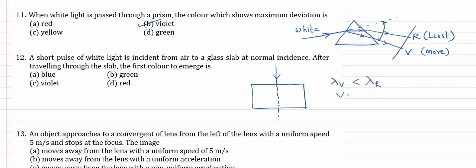V is equal to F lambda. F constant ಇರ್ತದೆ. So V is directly proportional to lambda. So you can say velocity of red is greater than velocity of violet.